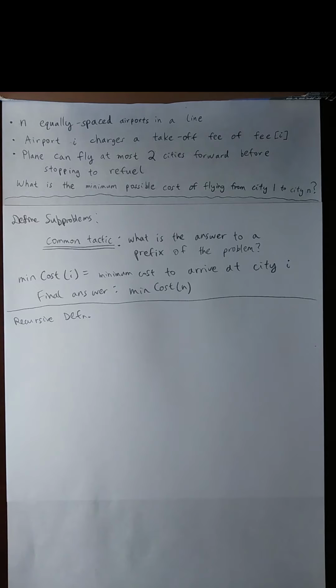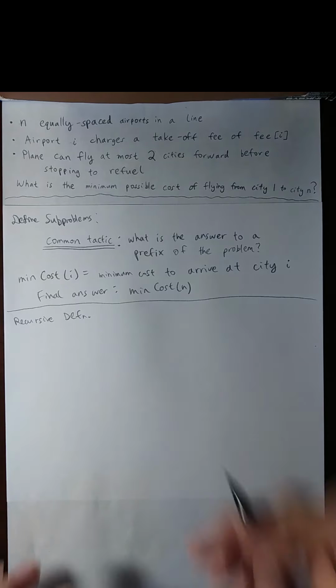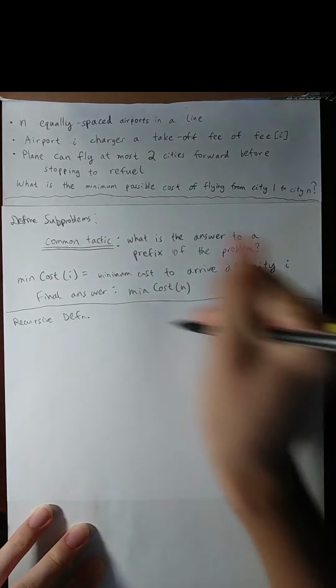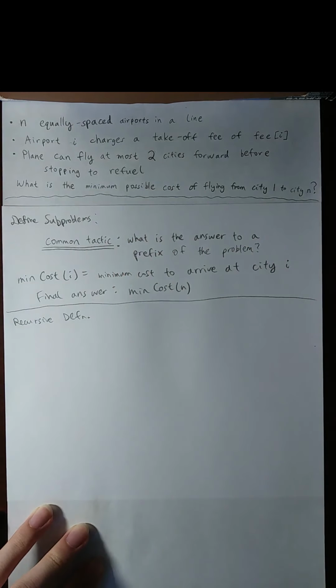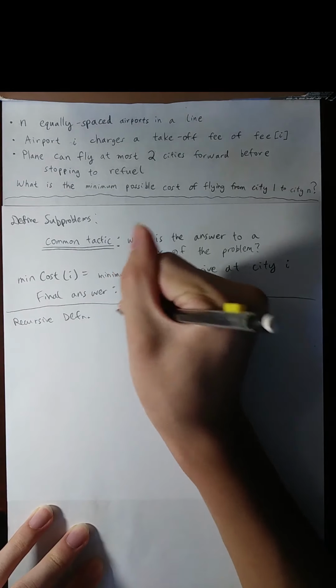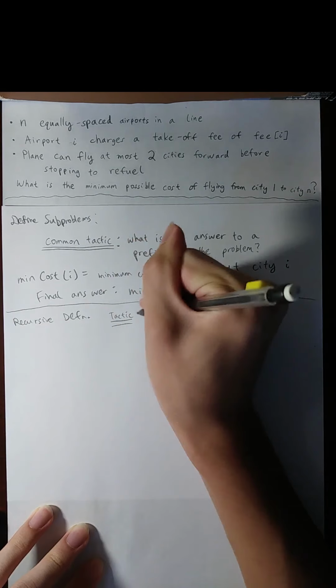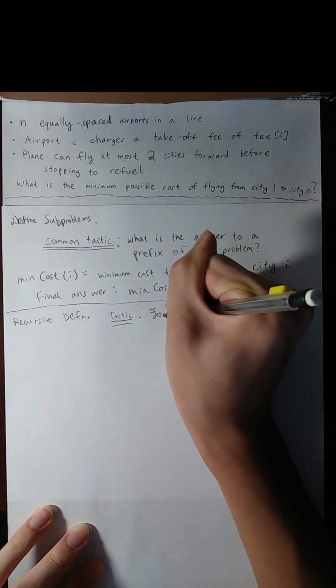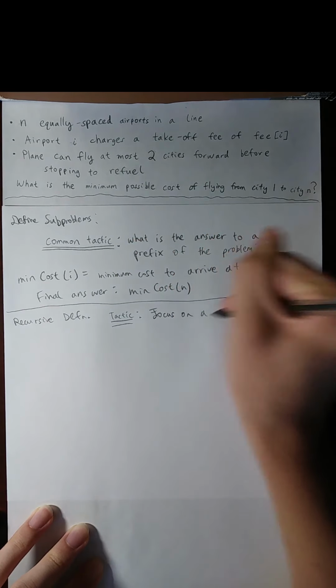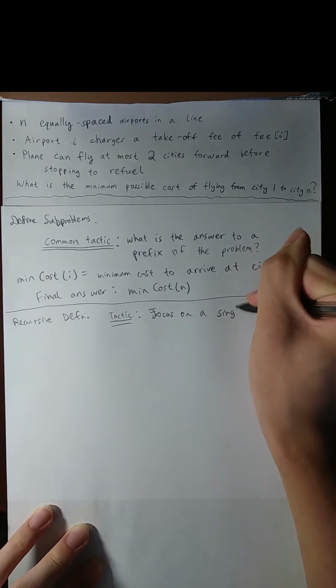Well, instead of dealing with so many choices, we should limit the scope of what we're thinking about and just focus on a single choice. So, when we're thinking about recursive definitions, a common tactic that always helps is to focus on a single choice.